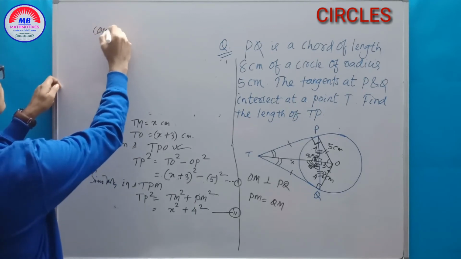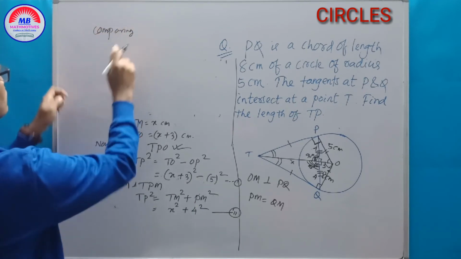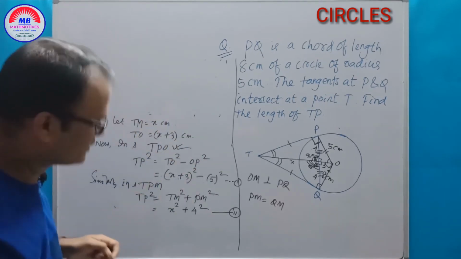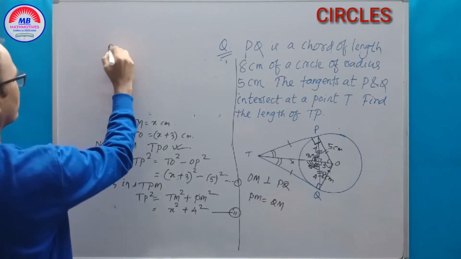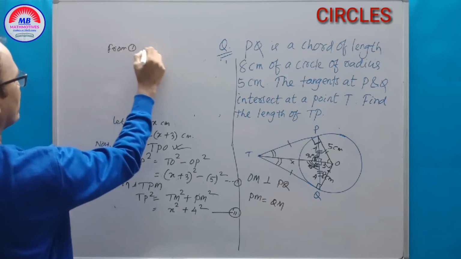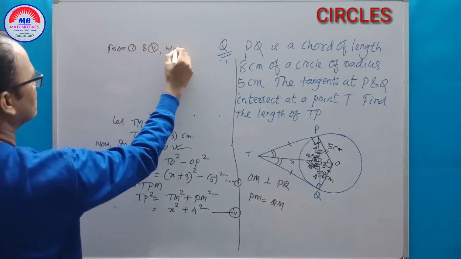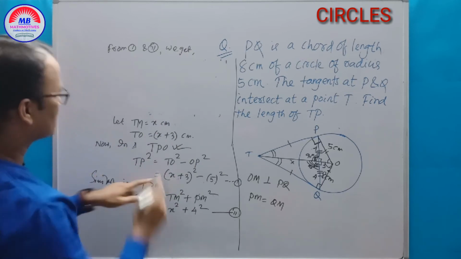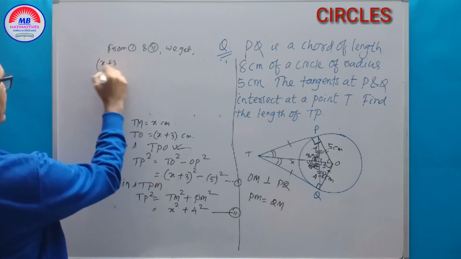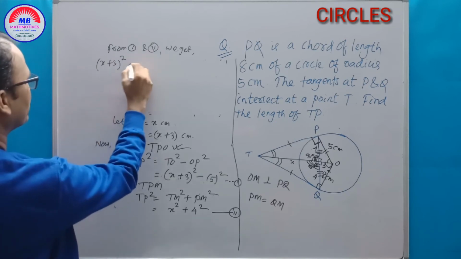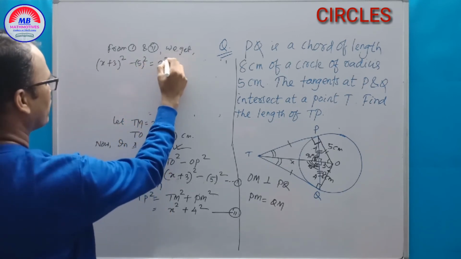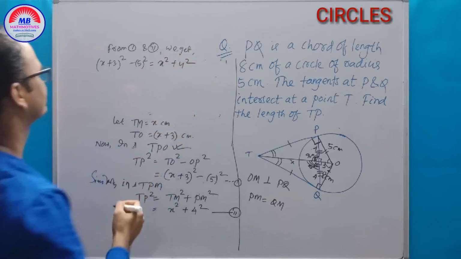Comparing equation 1 and 2 we get (x plus 3) square minus 5 square is equal to x square plus 4 square.